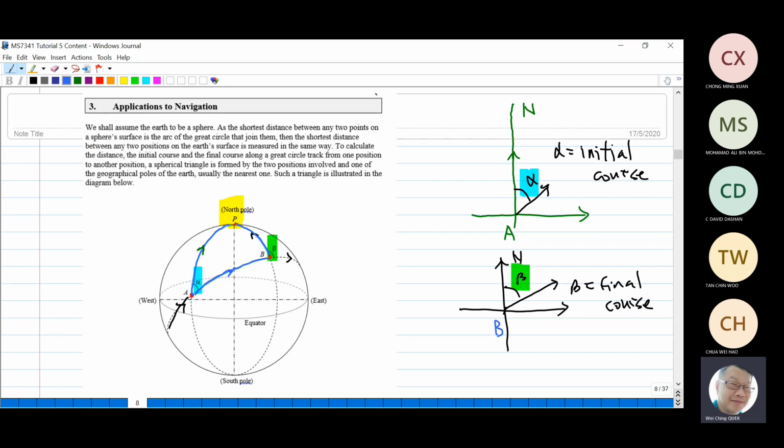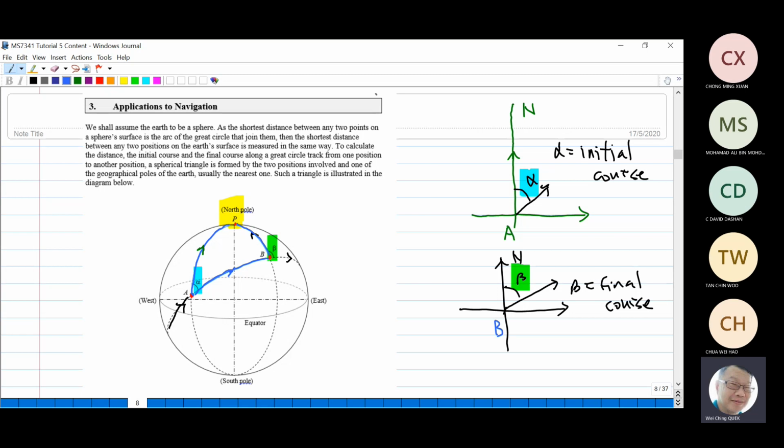To measure the distance between two points, let's say point A and point B on Earth, we usually let the travel be along the great circle's track. Great circle is the biggest circle on Earth. The coordinates we know on Earth have longitude and latitude, and the North Pole and South Pole are two points on the Earth.